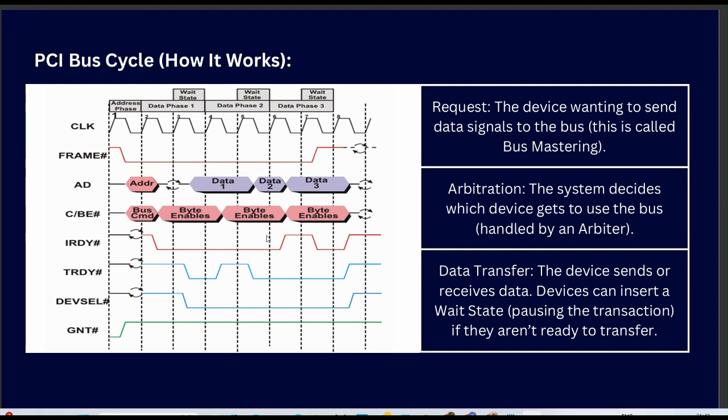From this waveform you can see that we send the address, then data. These are all parallel in nature. At each clock you are giving some data. Master is giving data. Suppose I am the master and you are the slave, and we are connecting with each other with these signals.